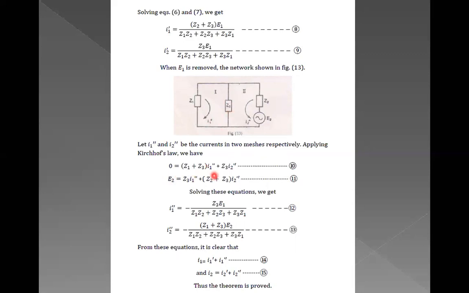Rearranging, this can be written as (Z1 plus Z3) into I1 double dash plus Z3 into I2 double dash. Similarly, what is Kirchhoff's voltage law for mesh 2?